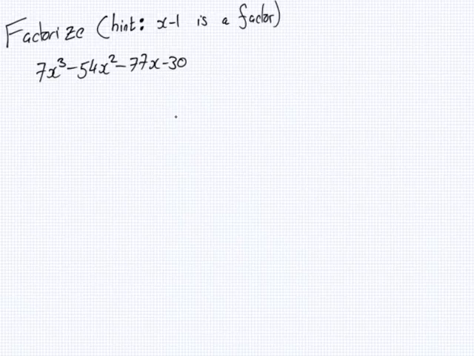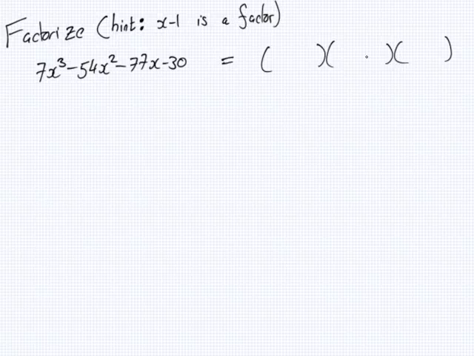Okay, let's have a look at this one together now. So we probably want 3 factors here. So we expect that this should equal 1, 2, 3 factors. It could be that all the factors are the same. It could be that one of them is quadratic. We don't know at the very beginning. I'm imagining that there's 3.